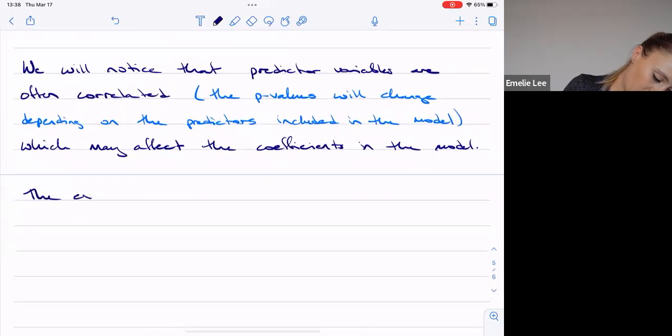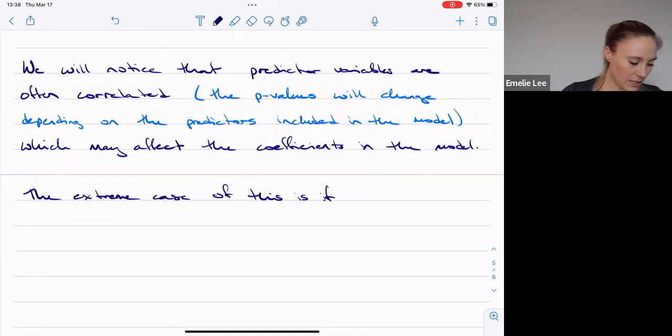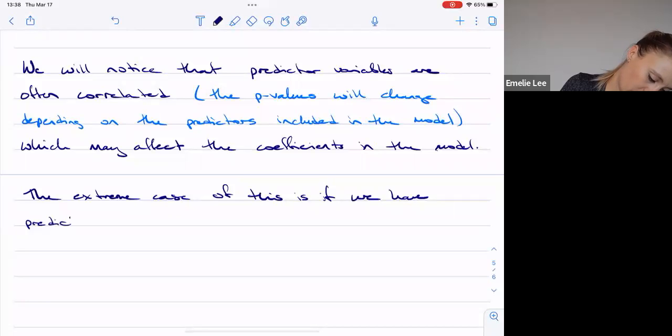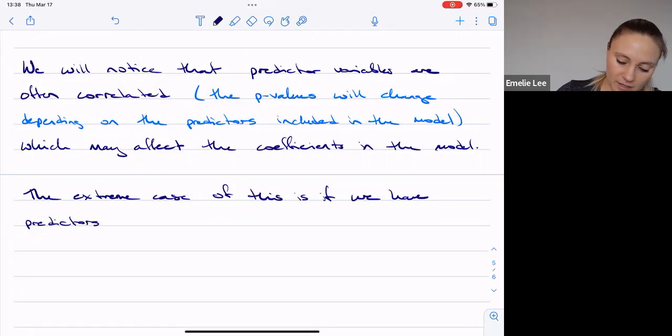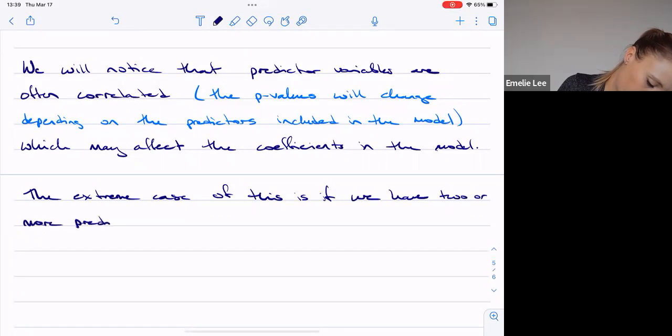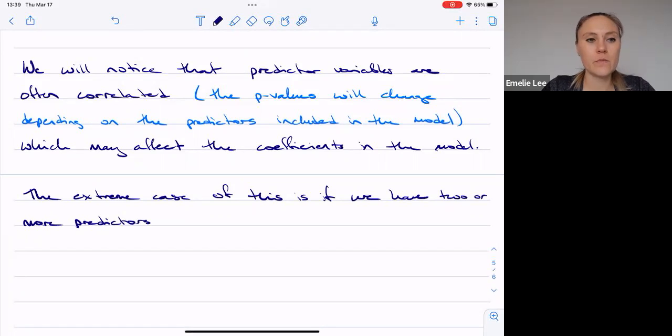The extreme case is if we have two or more predictors that are exactly correlated, that have a correlation of 1.